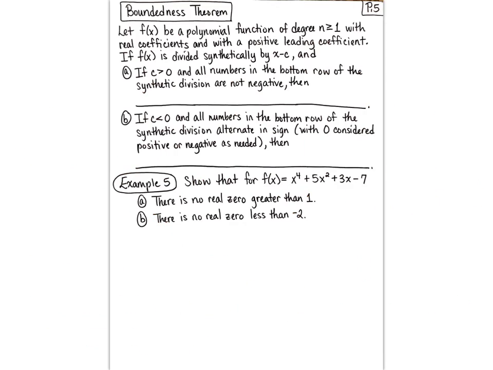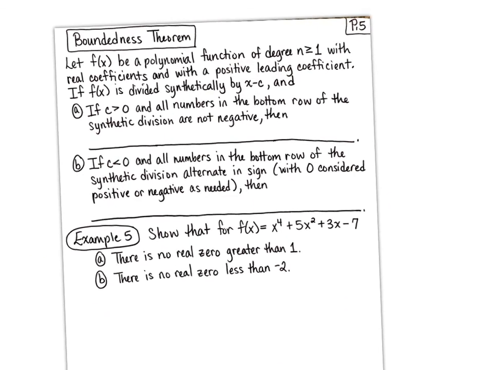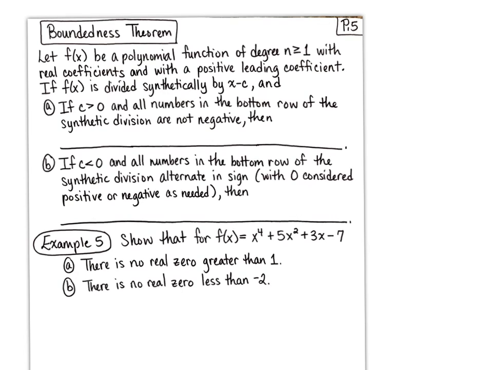So now let's talk about the boundedness theorem. The boundedness theorem says, let f of x be a polynomial function of degree n greater than or equal to 1 with real coefficients and with a positive leading coefficient. That's important.